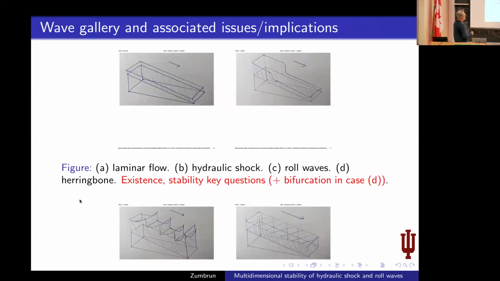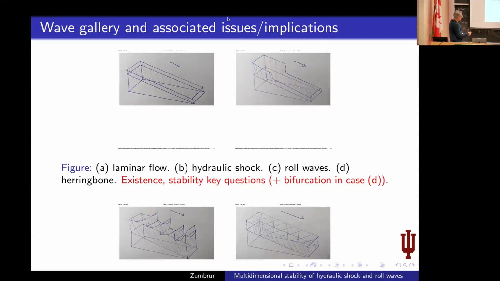Basically, we're looking at 4 building block kind of solutions. One would be this laminar flow, just constant height flow down the ramp, a nice quiet day. The roll wave shocks that we already talked about, where here I've drawn a smooth one, but we know it can sometimes have a subshock discontinuity inside.